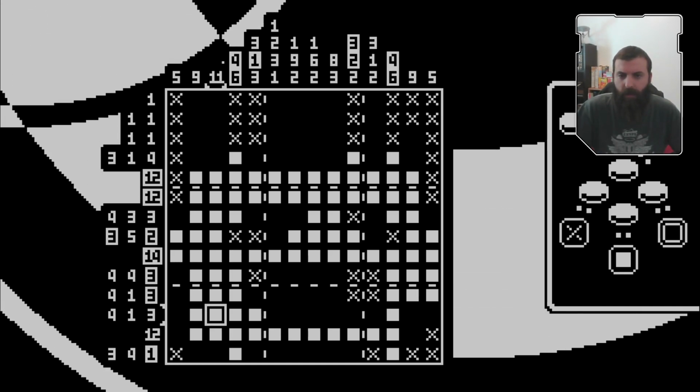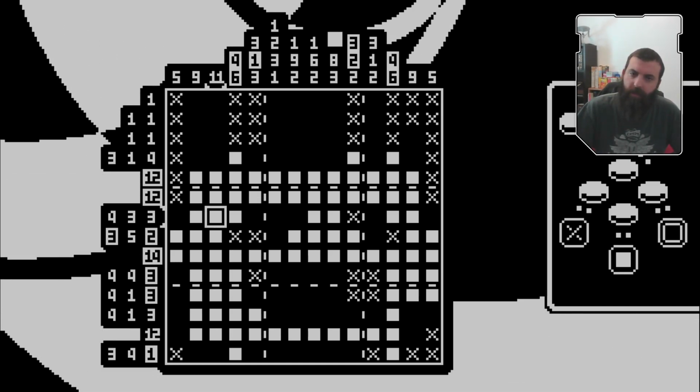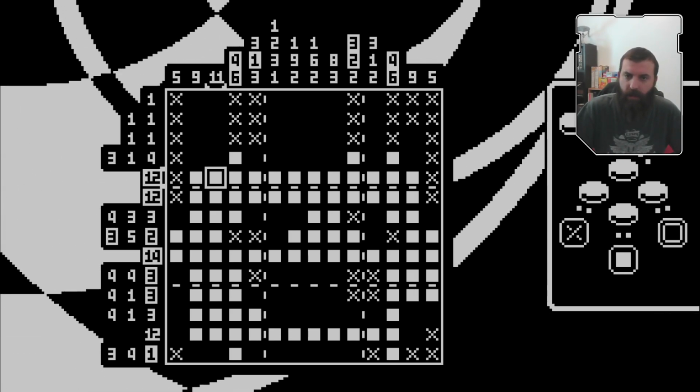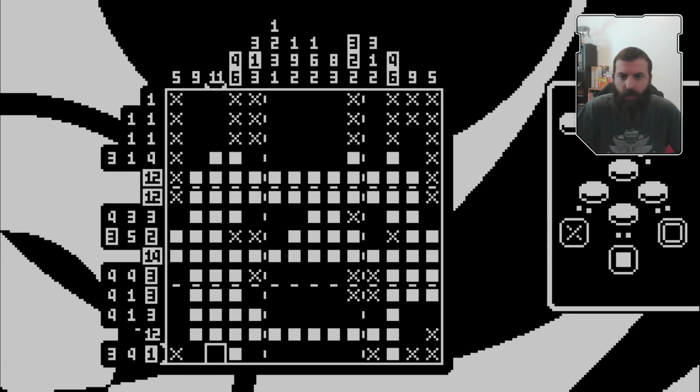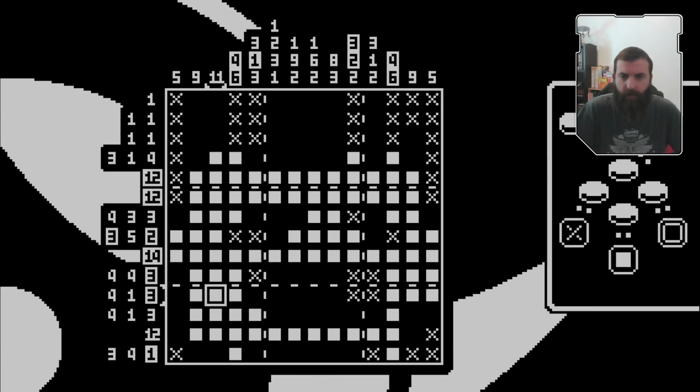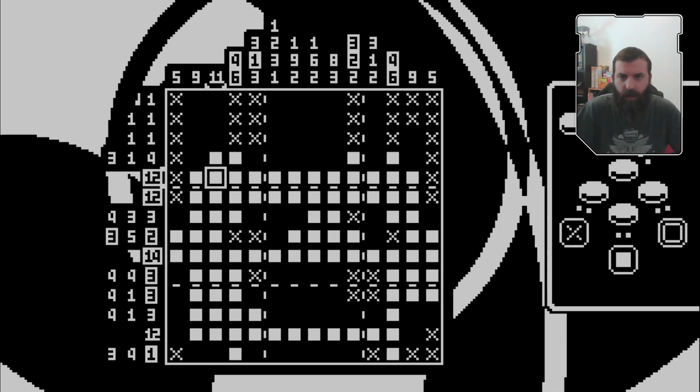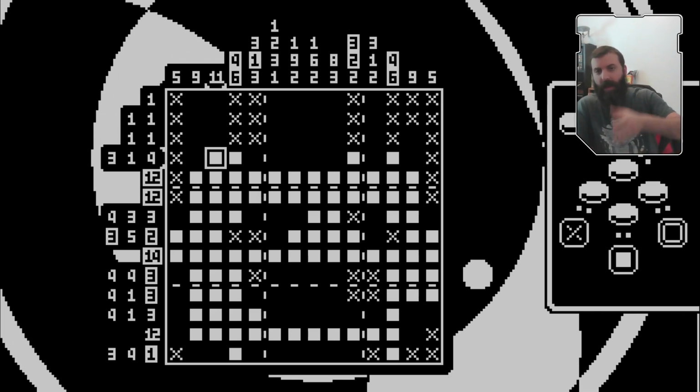Vertical 11 here. 1, 2, 3, 4, 5, 6, 7, 8, 9, 10, 11. So the 11 comes up to at least here.